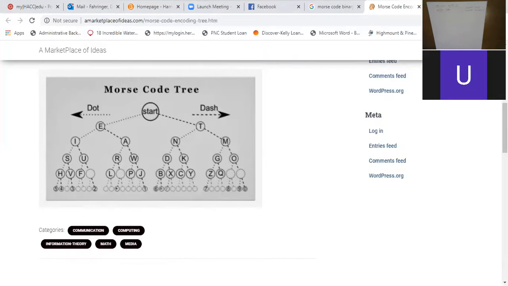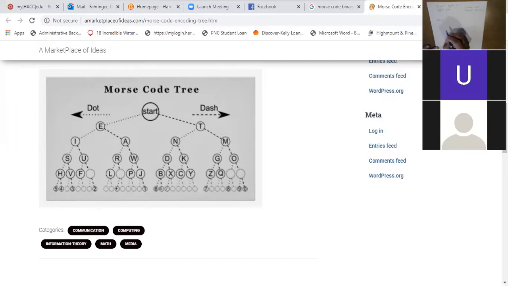So in the old days, when I would say, okay, I want to write something in Morse code, let's see. How about we write Morse, just Morse? Going down the left side, you see we have dots. Going down the right side, we have dashes. So what would the first M be? For Morse, it's going to be dash, dash.